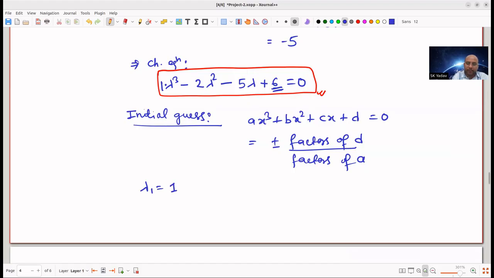I have already checked this. This is an eigenvalue of the matrix, a root of this characteristic equation. Now the remaining two roots you can find by dividing this characteristic equation by the factor lambda minus 1. So the remaining two eigenvalues are lambda 2 equal to minus 2 and lambda 3 equal to 3.